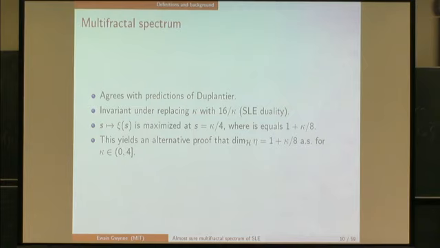And so we can say that basically we get that on a set of full dimension, the derivative grows like epsilon to the negative kappa over 4, and this gives us the dimension of the curve as well.